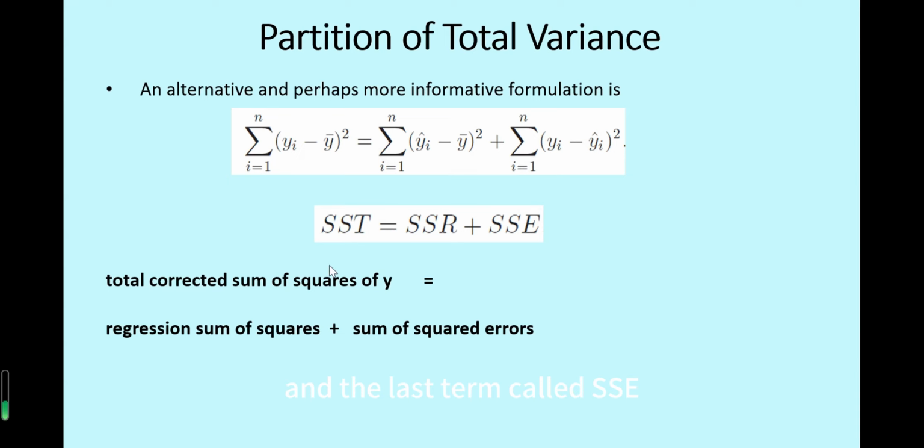The last term, SSE, is the sum of squared errors, between the observed values and the fitted values. This equation is called the partition of total variance in the regression: SST equals SSR plus SSE.